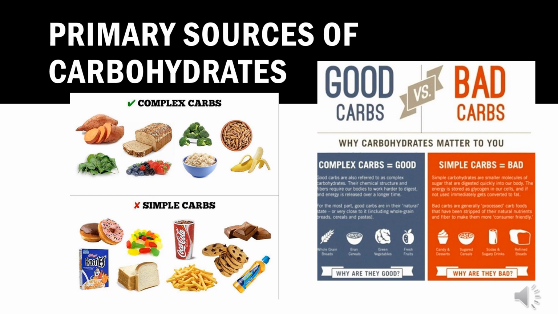Carbohydrates can be broken down into a lot of different sugars. So it can be broken down into glucose and lactose and sucrose. And these are all different things that are burned in your body in different ways.